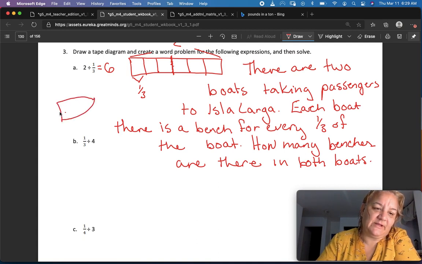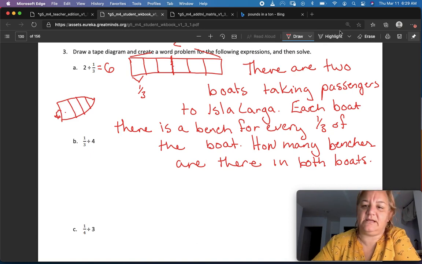And there's the boat, and the driver is back here, and then the boat is divided into 3 benches for every third, right? Right, so here's a, wait a minute, I drew that wrong. Okay, so here's a bench, and here's a bench, and here's a bench, right? So if you have 2 boats, how many benches are there?